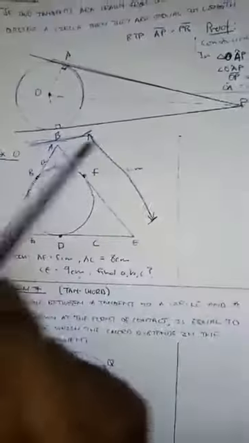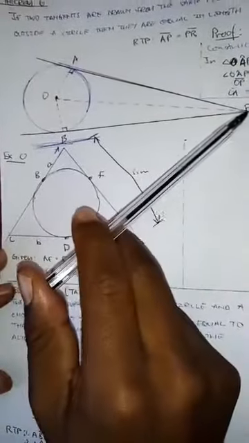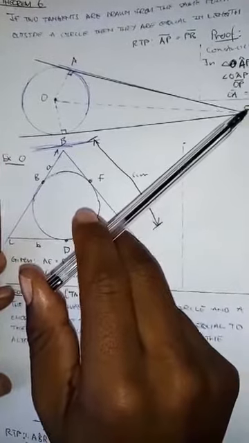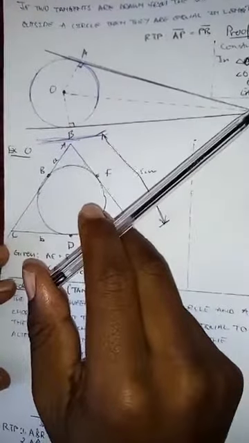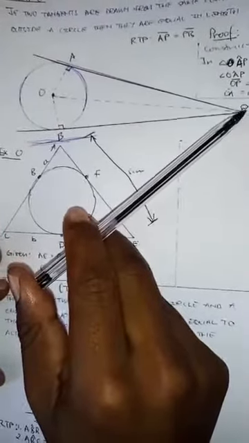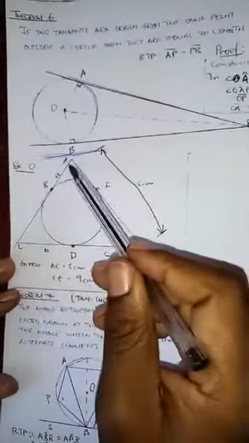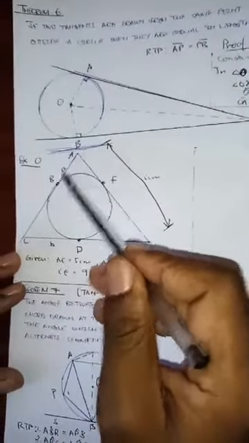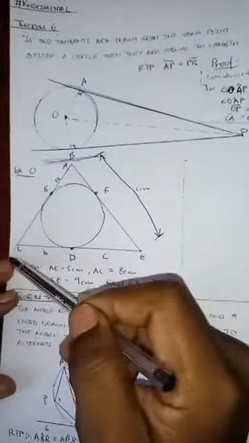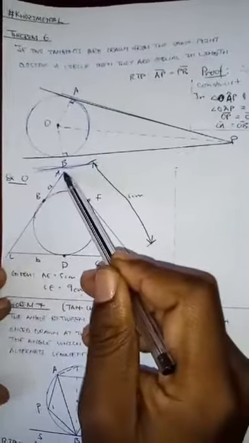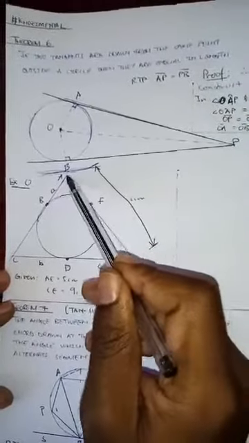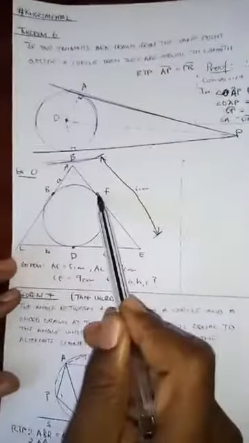We've just seen a theorem about tangents drawn from the same point, right? And the claim is that they're equal in length. What do we have here? We have a tangent AB or AC, being drawn from the same point A with the tangent AE or AF.